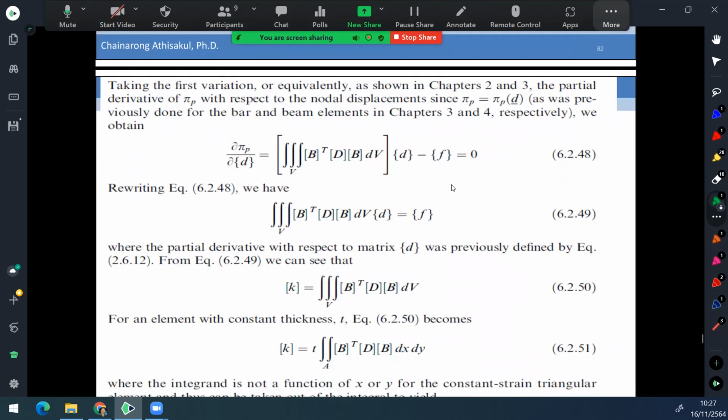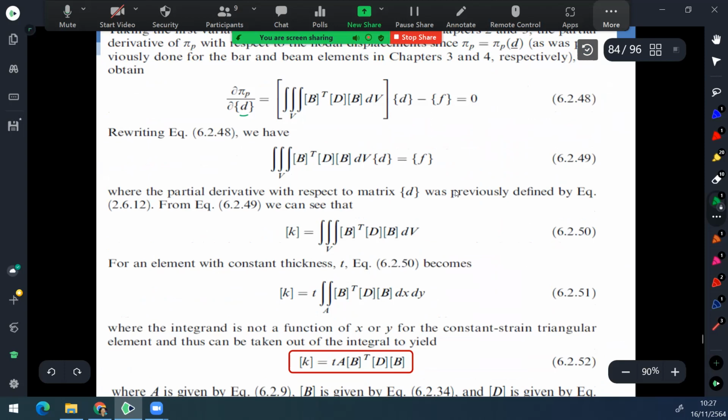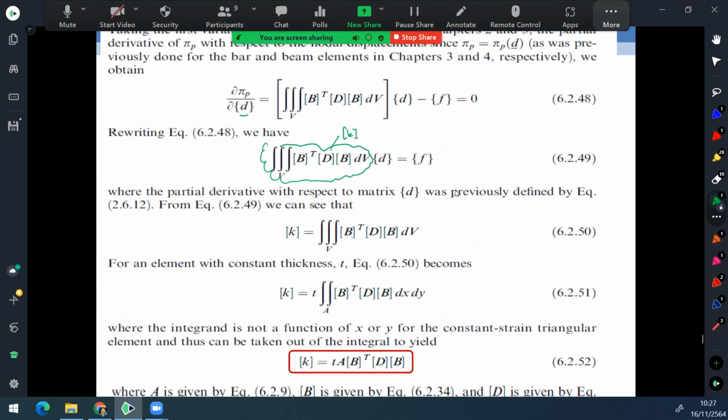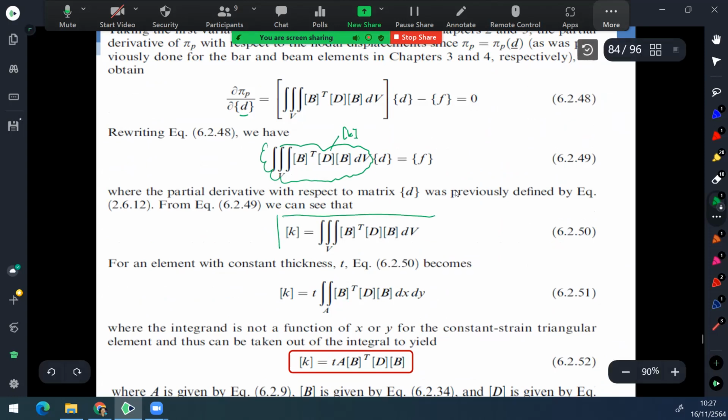We take the derivative of this equation with respect to the nodal displacement, and then we obtain this equation and we define this term as the stiffness matrix K. Then for the constant strain triangle, we can derive the element stiffness by integrating this term over the volume.